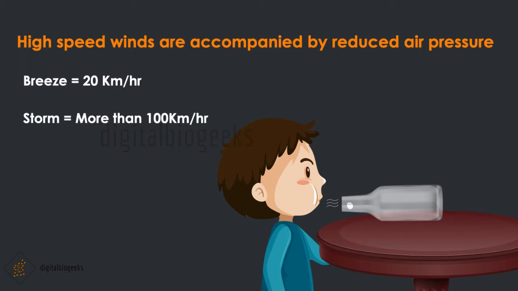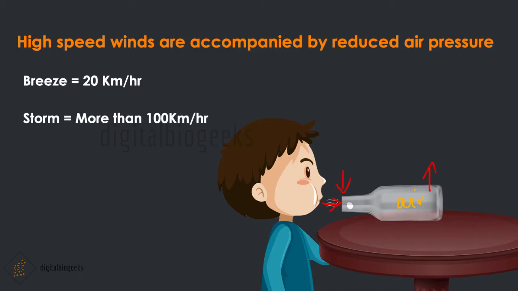An empty bottle has always air inside it, and this air exerts pressure. When we blow over the mouth of the bottle, the air attains a greater speed and the air pressure in this area decreases. But the air pressure inside the bottle is higher than that of the air pressure outside the bottle.